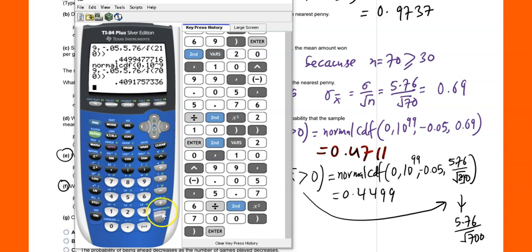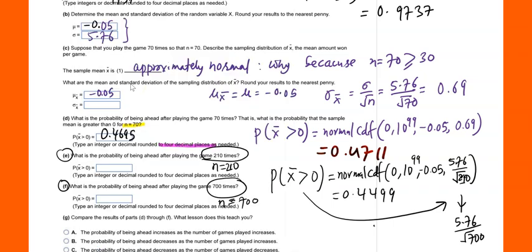Okay, here you go. And you type it, you get 0.4092. If you round it to 4 decimals, 0.4092. Let me write it down here. This one is 0.4092 for 700. For n equals 210, 0.4499.